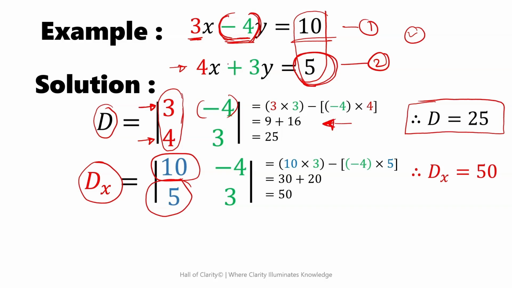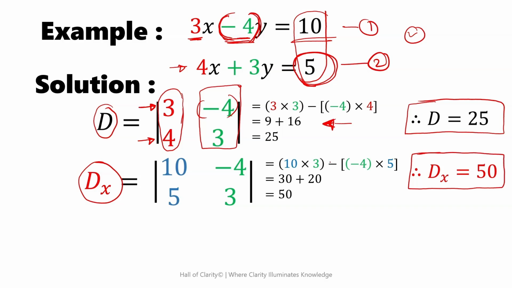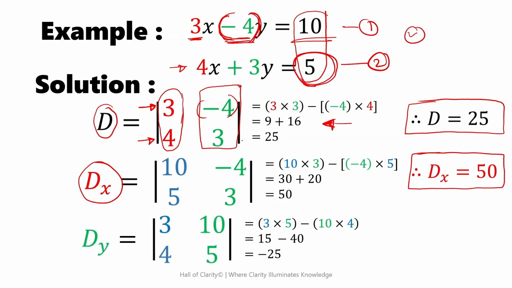Then we write the column of coefficients of y as it is. Now once we obtain the determinant Dx, we will find out the value of Dx, which comes out to be 50. Then we write the determinant Dy, which is formed by replacing the column of coefficients of y with constants.